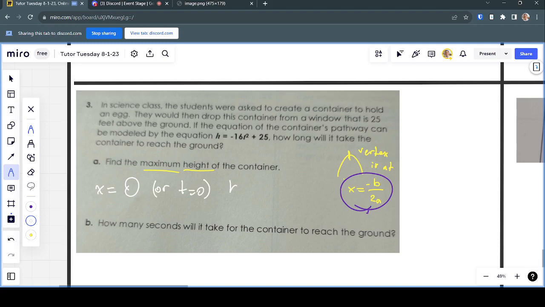And when t equals 0, then h is equal to negative 16 times 0 squared plus 25, or the height is 25. That makes sense. In this equation, it's actually symmetric about the origin, which means they didn't throw it upwards at all, they just dropped it. So yeah, the maximum height is 25.